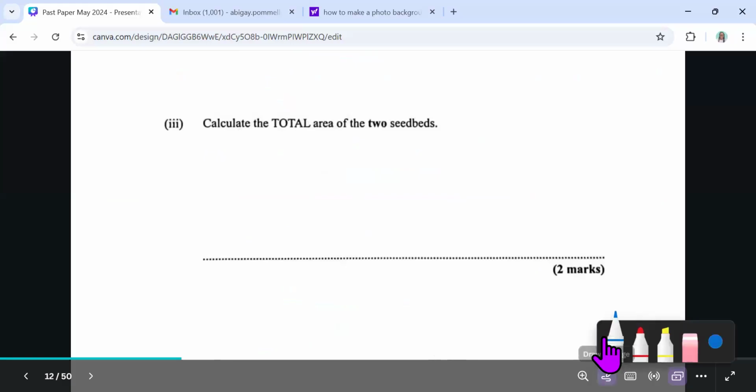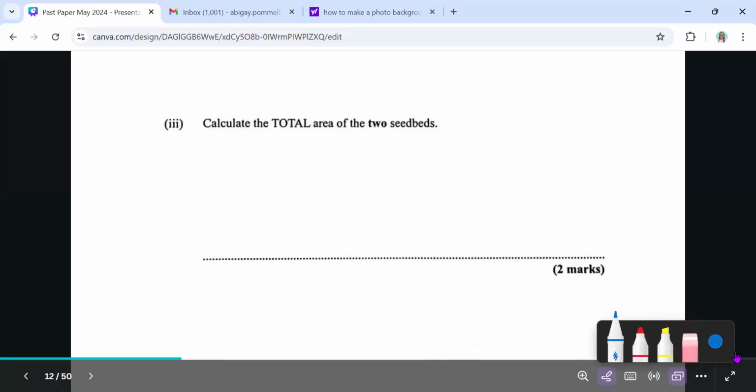All right, we're not finished yet. We still have to calculate the total area of the two seabeds.